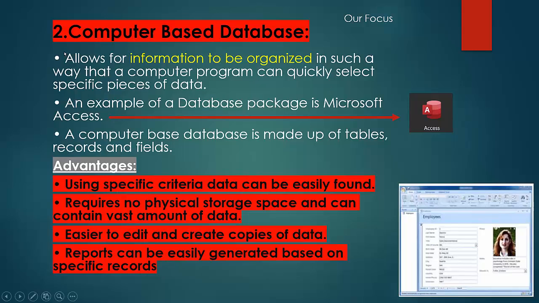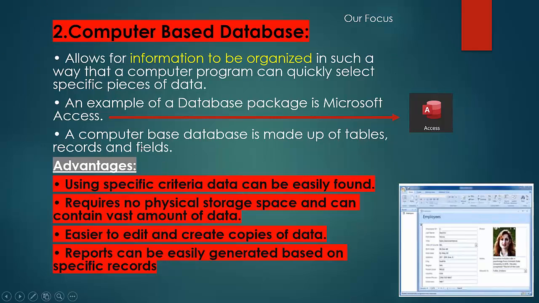A computer-based database allows the information to be organized in such a way that the computer program can quickly select a specific piece of data, and this program is Access. We're going to use Microsoft Access for dealing with the database, and it allows us to sort and organize this data in a specific way using this software.